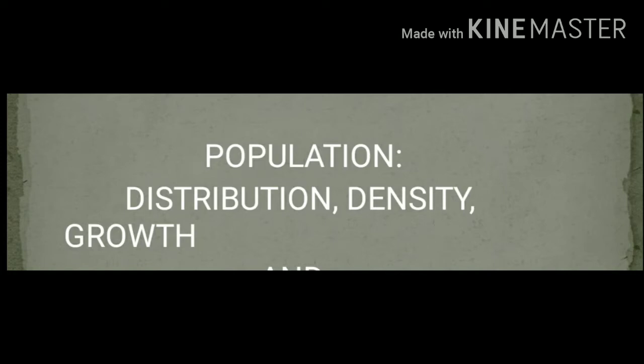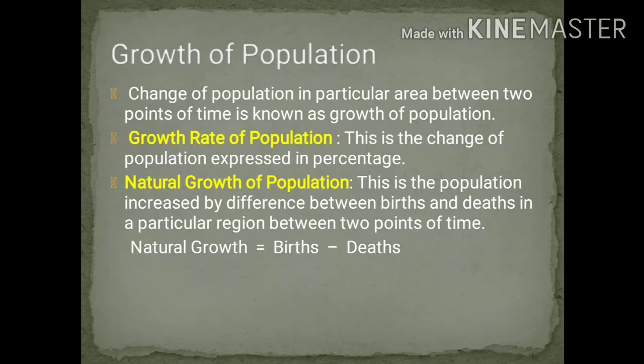So let's start. Today's first topic is growth of population. This is the third part of this chapter, that is growth. Change of population in a particular area between 2 points of time is known as growth of population. So what is growth of population? It is basically the change of population between 2 periods of time in any area.